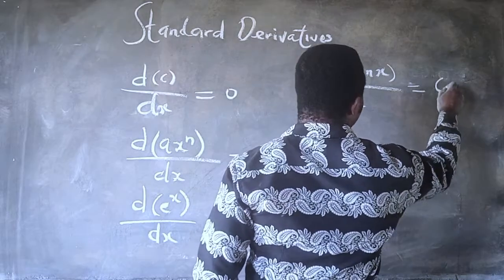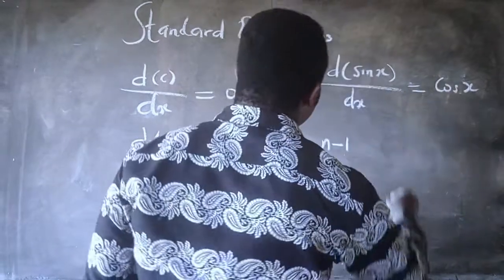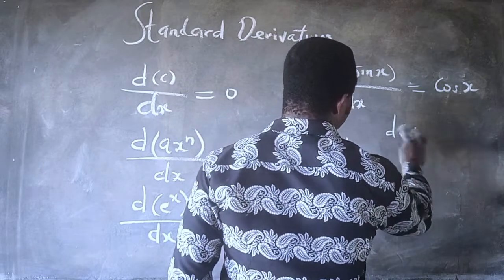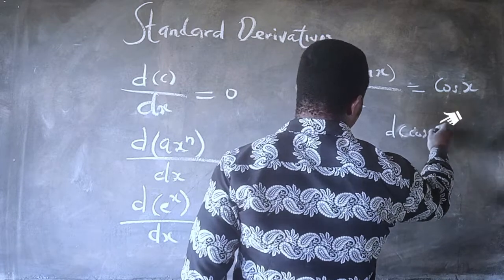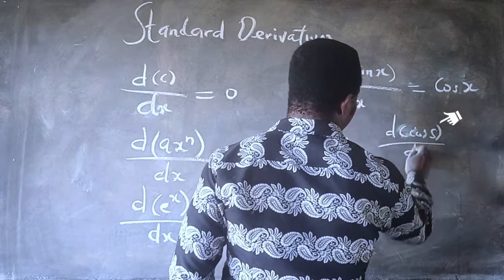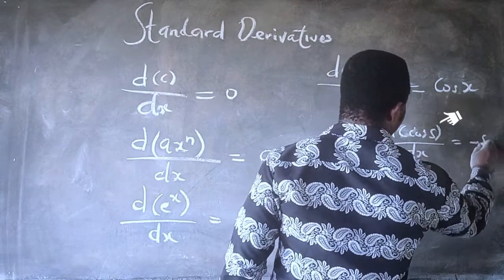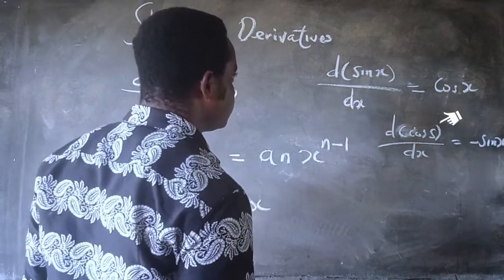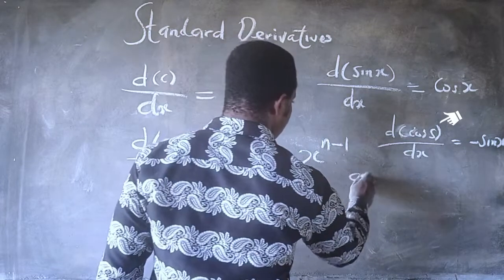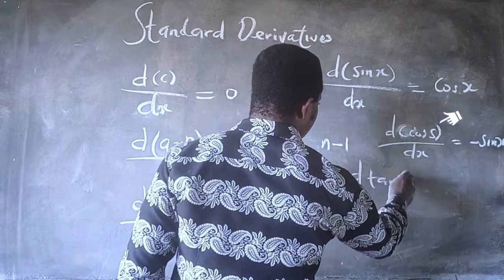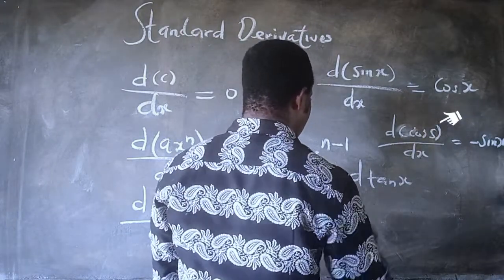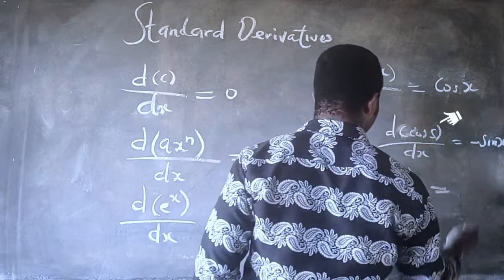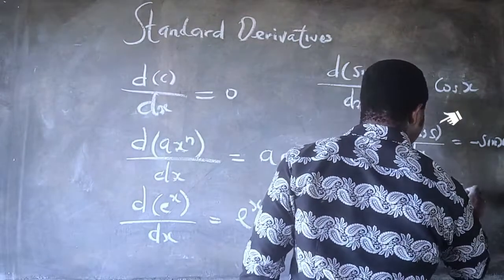The differential of sin x with respect to x is cos x. The differential coefficient of cos x, mind you, is negative sin x. The differential coefficient of tan x with respect to x is sec squared x.